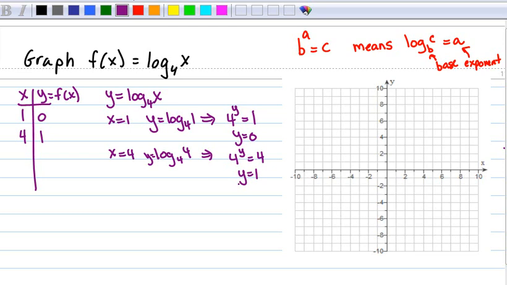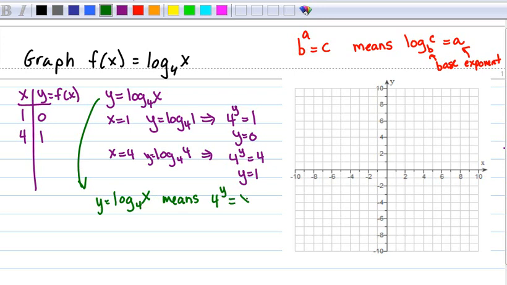If you don't want to worry about that, the other way to go is to get it into exponential form at the get-go. So let's go ahead and try that. So y equals log 4 of x, what does this mean? Again, going backwards, the base is 4, just like up here. The exponent is y.